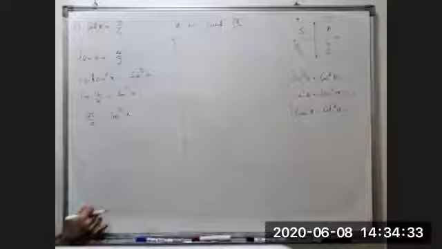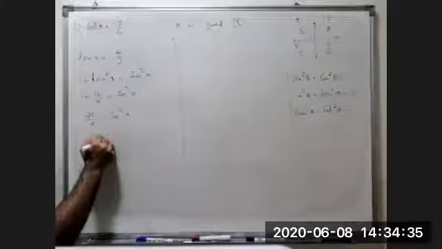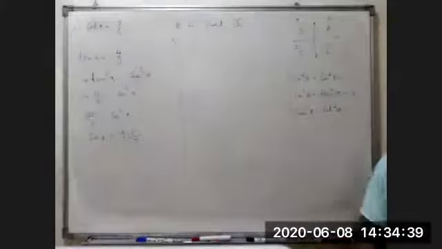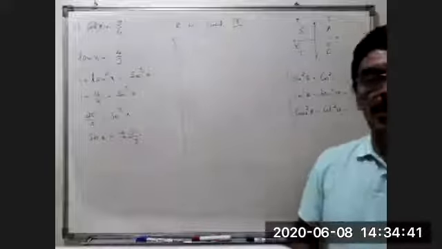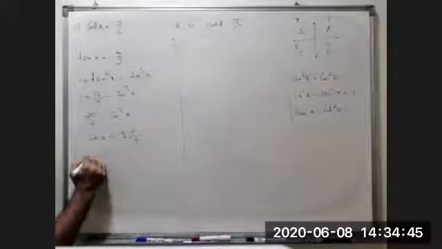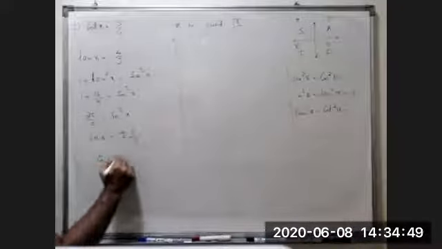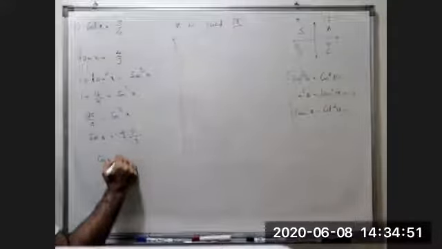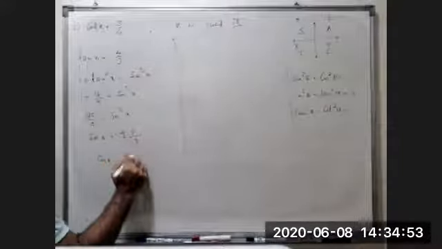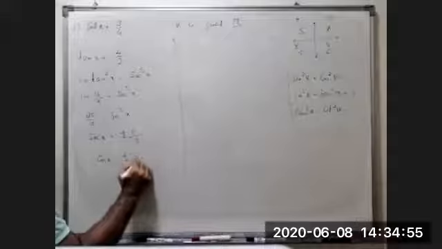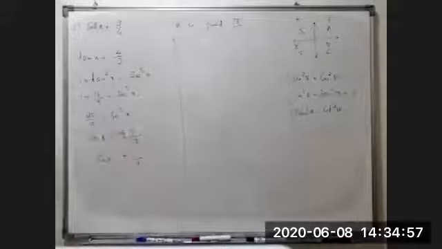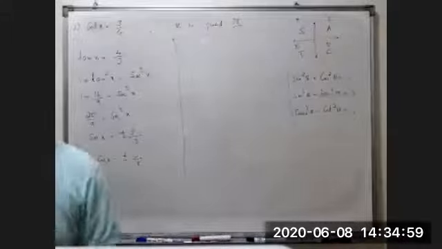So sec x will be plus or minus 5 by 3. Always go for finding the first ratio. If sec x is known, its reciprocal is cos x. Therefore cos x is plus or minus 3 by 5, because of the reciprocal.